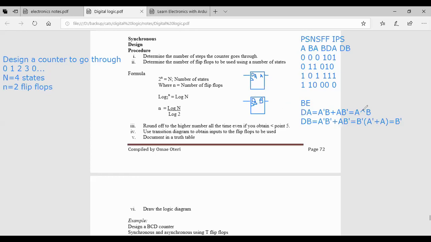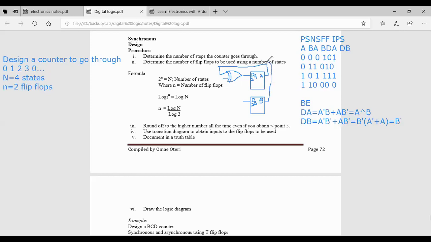What happens? We have A XOR B. So you do an XOR gate here. And remember, that's how we do an XOR. And then you have your two inputs here, A, B. Where are they coming from? Please know that one of them will come from here, and B comes from here.